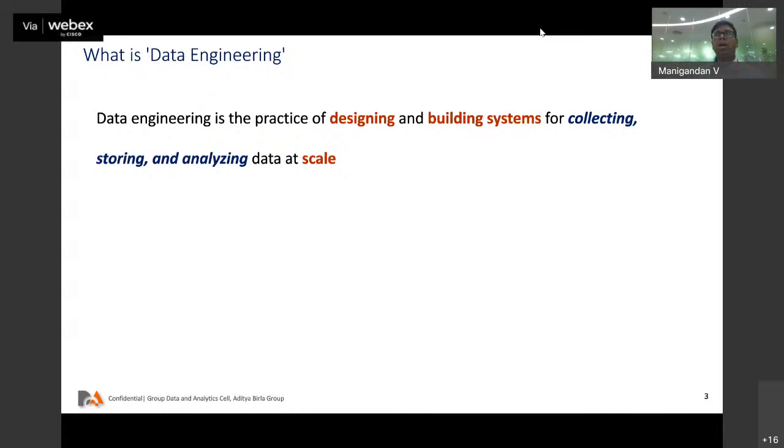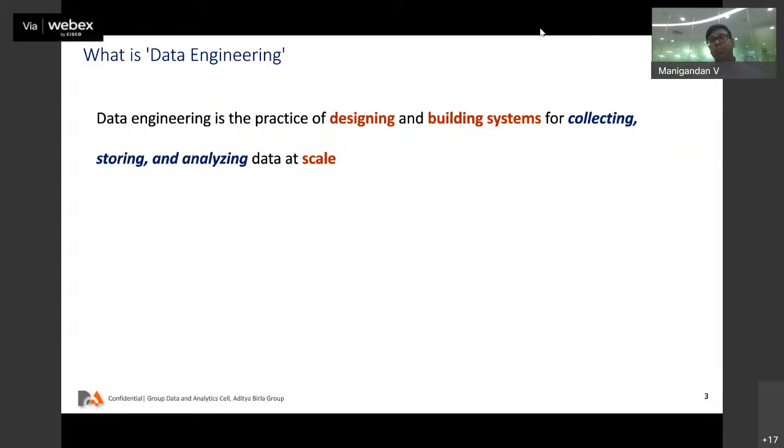Then came the data warehouses, primarily for BI, business intelligence. And then data engineering is going to support the data science applications.